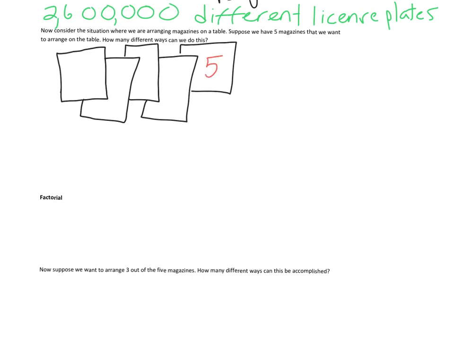And then the next magazine, we have 4 magazines left in our hand, so we have 4 to choose from. Then we have 3 magazines to choose from. Then we have 2 magazines to choose from. And then the very last magazine, there's only 1 magazine left in our hand. So of course there's only one way to do that.